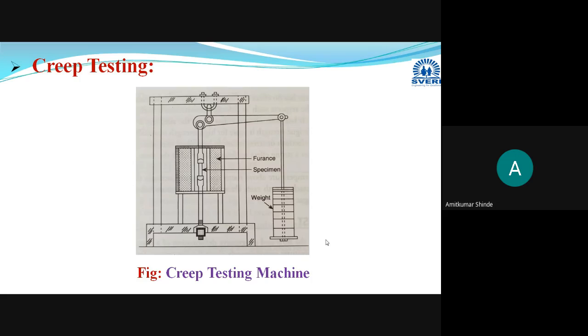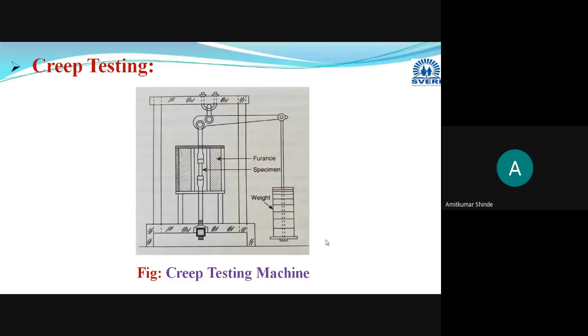Which factors will affect that creep rate or creep curve, what are the various areas in the creep curve, and after that we will discuss which type of cracks or fracture will occur in this creep testing, or you can say what are the types of fractures in this creep test. Okay, these are all the points we are going to discuss in today's lecture.